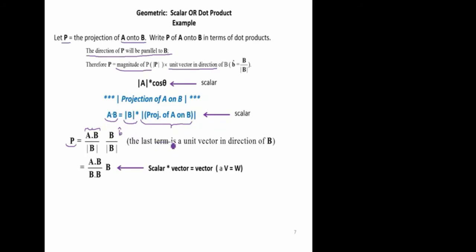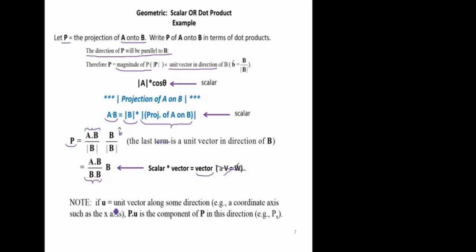This last factor is a unit vector in the direction of capital B. So putting that all together, the projection vector P is equal to A dot B divided by B dot B times B. So I've just replaced the magnitude of B with B so that we get this quantity here. So this is a scalar right here. Two dot products give you scalars, times a vector, so we end up with a vector.